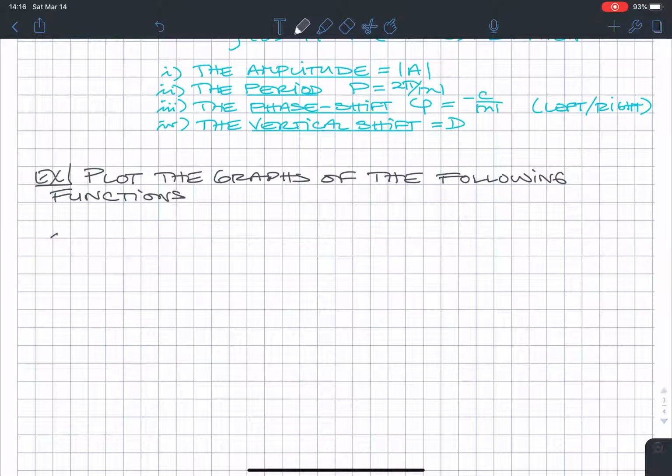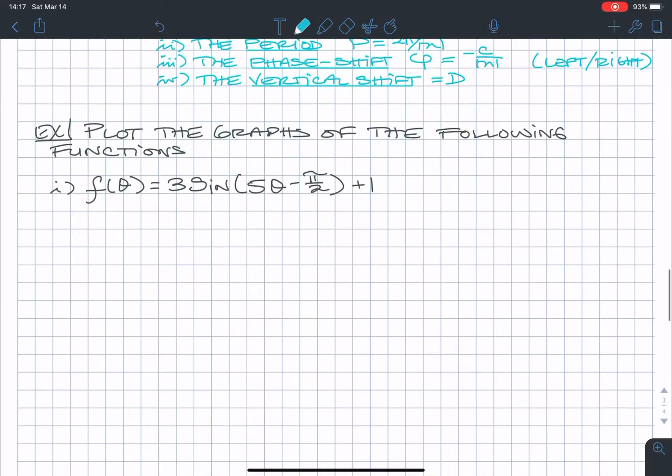So number 1, let's plot the graph of f of theta is equal to, shall I do 3? That's a big amplitude, but okay. 3 times sine of the quantity, 5 theta minus pi over 2, to which I'll add 1. Okay, so let me recap this.